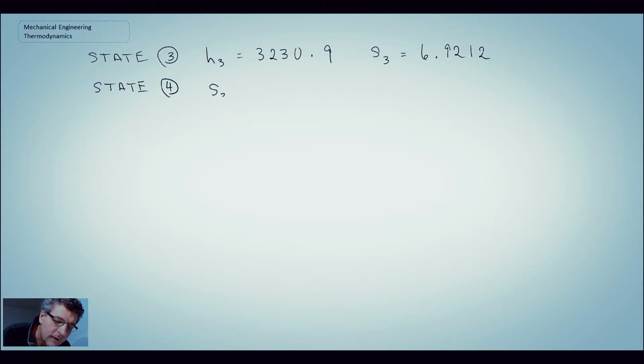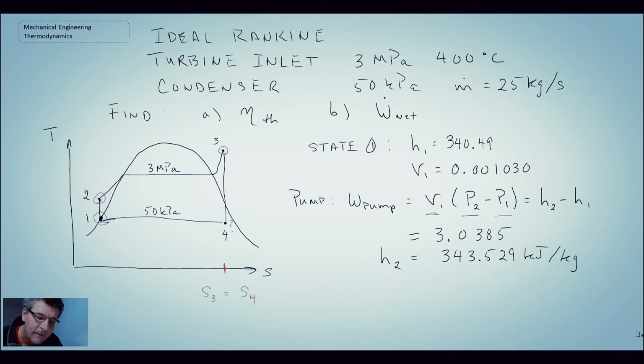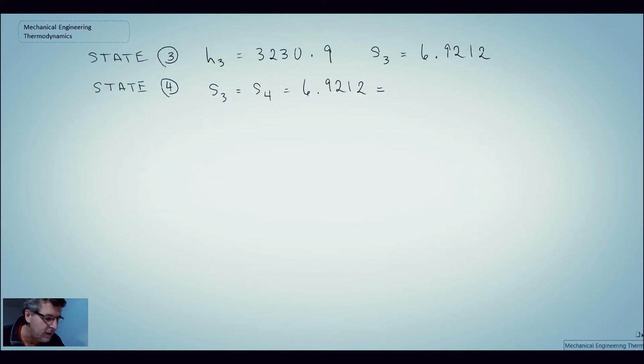So we said S3 was equal to S4. And then we know that this is occurring at 50 kPa, and it turns out for that value we are in the two-phase region.